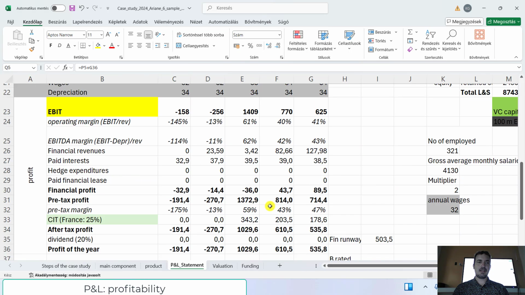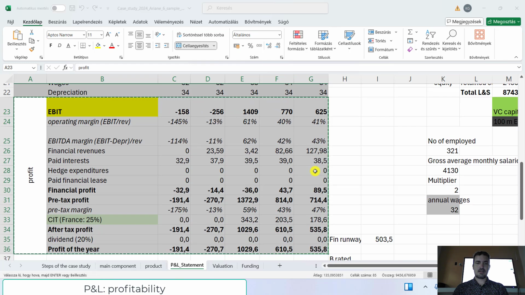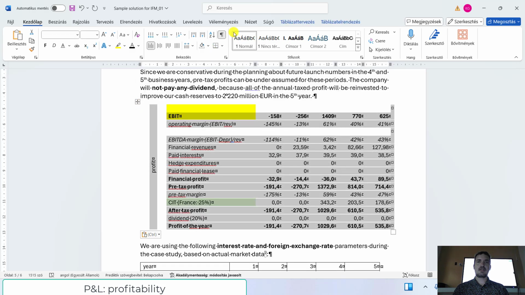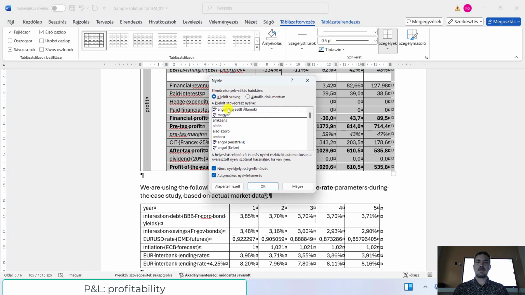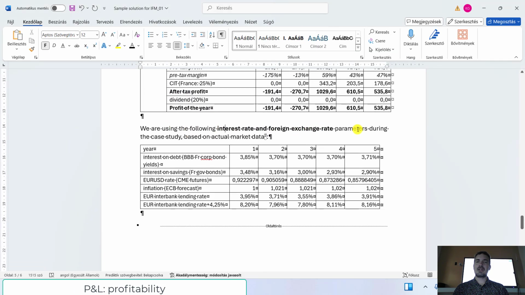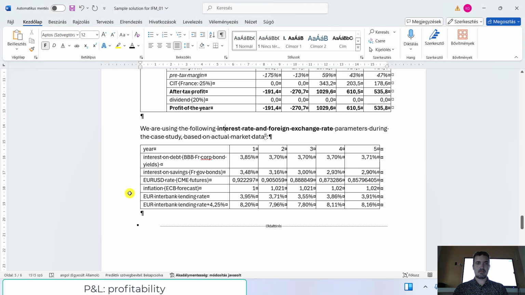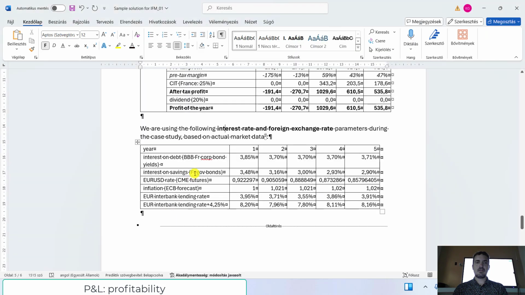So let's copy again the profit part. Okay, so we are using the following interest rate and foreign exchange rate parameters during the case study based on actual market data. Interest rate on debt. BBB.